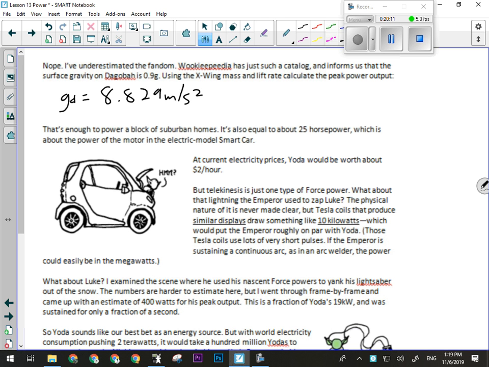Now we can calculate the peak power output of Yoda because we know that power equals force times velocity. We can calculate the force by going m times g of Dagobah, times the speed. So we take our 5,600, multiply it by 8.829, and then multiply it by 0.4 meters per second.